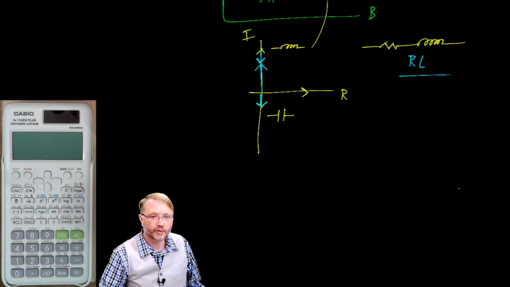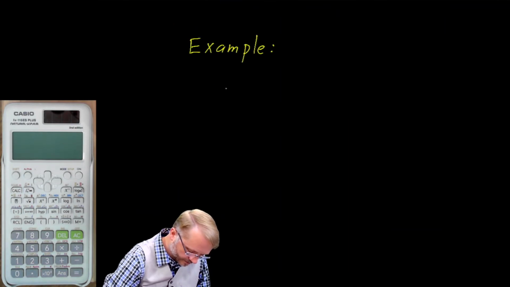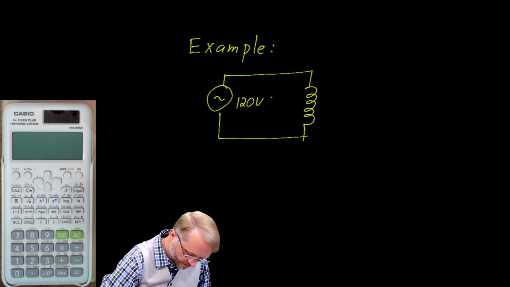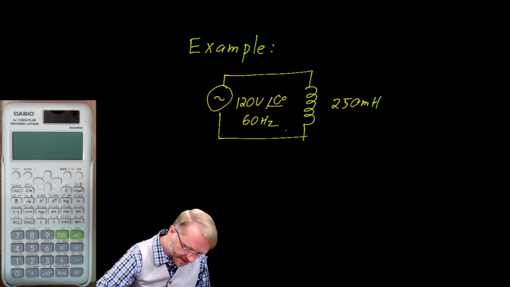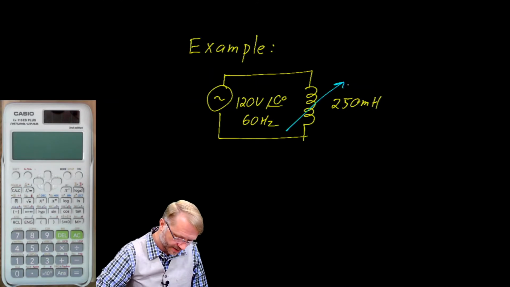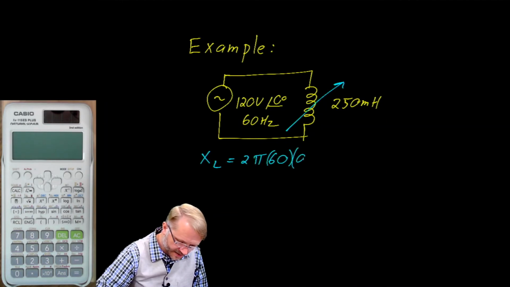All right, we've covered quite a bit of material. Let's see if we can't nail this down with a few examples. Our opening move is to do a conversion and calculate the impedance of this inductor. So the inductive reactance is 2 pi times 60 times 0.25.